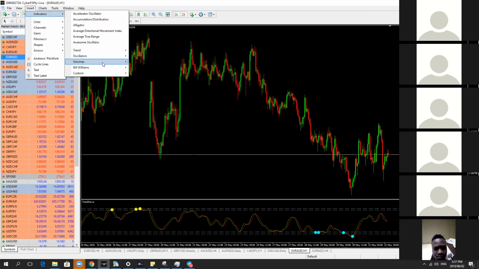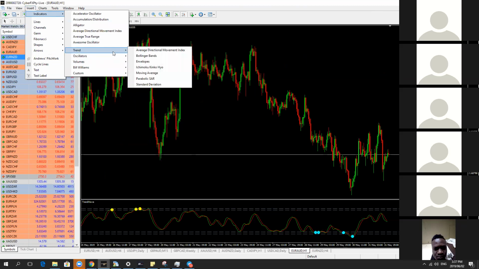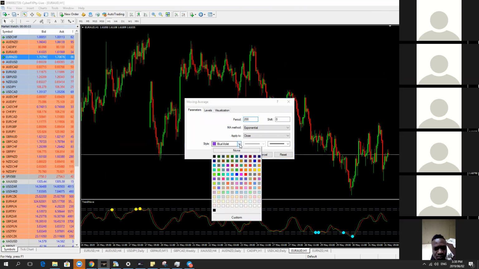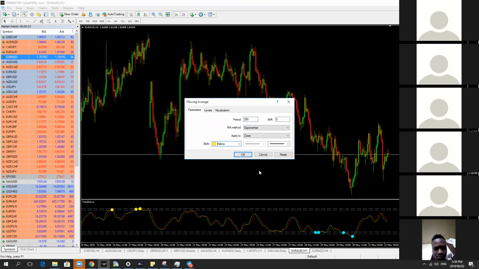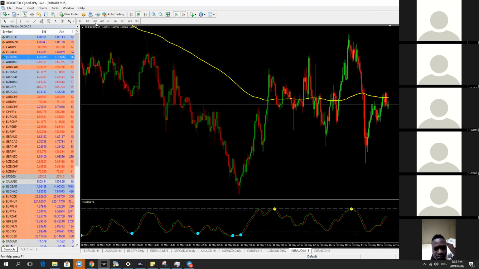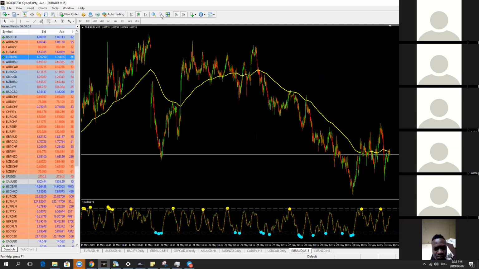I know we're not supposed to use indicators, but if you don't know, use a moving average. Moving average 200, I'm gonna use yellow, 200 exponential on a 15-minute time frame. That will tell you where the trend is, and it will be safe for you to enter.